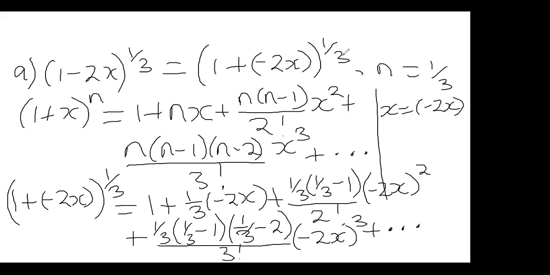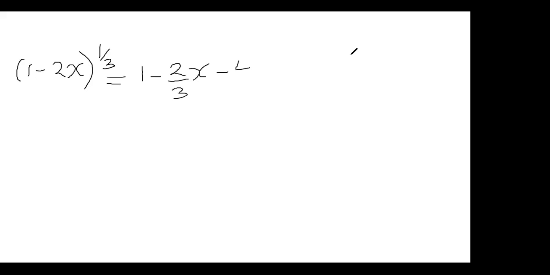Now we are going to simplify. Are we following? Feel free to interject when you are left behind. Hello? So now we are saying (1 - 2x)^(1/3) is now equal to 1 - (2/3)x - (4/9)x^2.